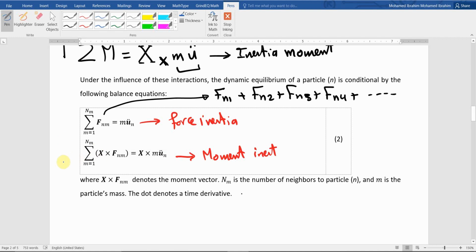And we said that this is the equilibrium of the system, and especially the first equation is the equilibrium of the particle itself at any point or any particle. But in the meanwhile, we have to consider this equilibrium of the particle in relation to the equilibrium of the entire system of particles.